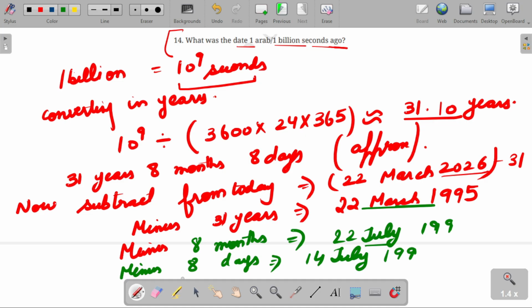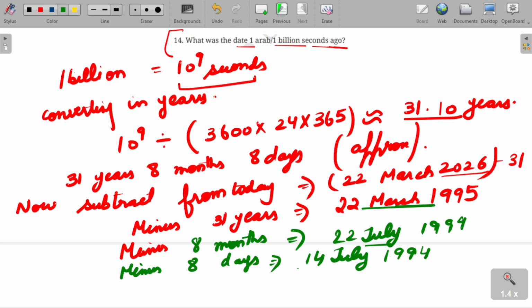Corrected. There will be 94. Okay. So here also it will be 14 July 1994. So the answer will be around 14 July 1994. So this is the approximate answer. Okay. So about 10 raised to 9 seconds ago, the date will be 14 July 1994.